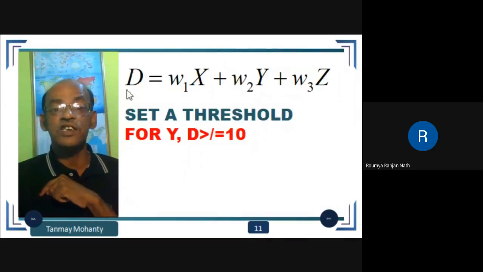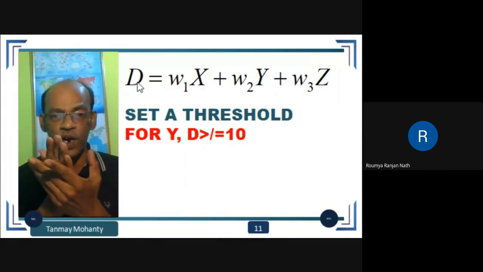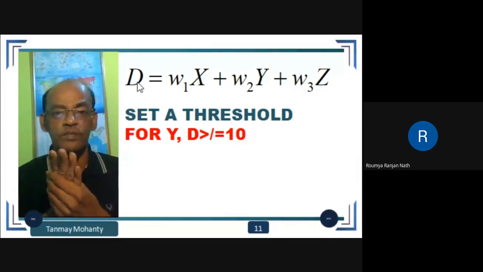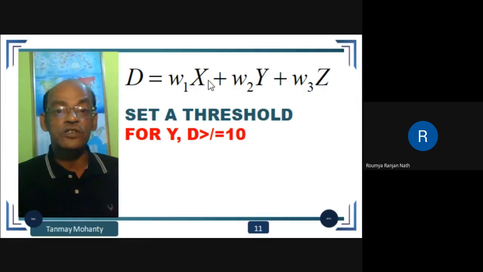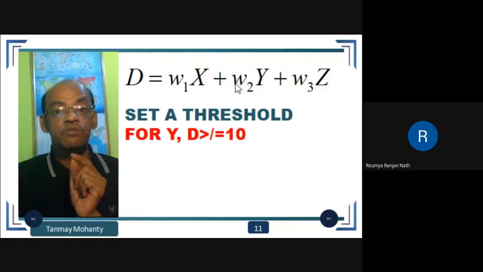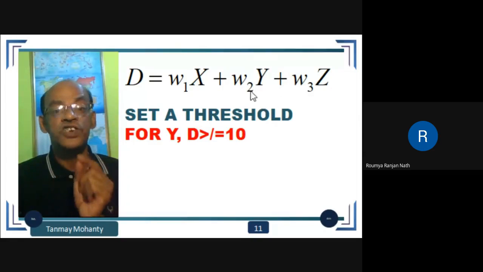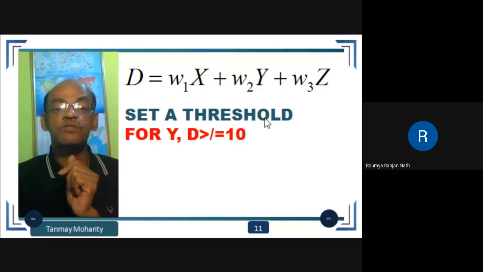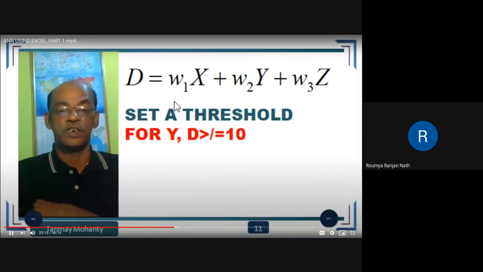The decision D, whether I will go, yes or no, can be either 1, yes, or no. That value is based on W1 into X, where X can be 1 or 0, and W1 is weightage 1, plus W2 into Y, plus W3 into Z. We have set a threshold that if the total value of D comes greater than or equal to 10, then we shall go to watch the movie.